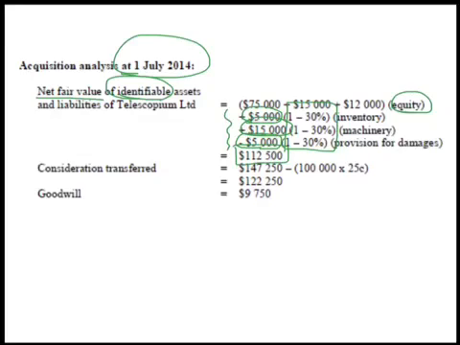We now have to see how much we paid for our share of the assets, which in this case is 100%. So we know that our investment in subsidiary has been valued at $147,250 in the financial records of the parent at the end of the financial year. However, between the acquisition date and the end of the financial year, a call was made for the balance still outstanding on the issued shares, 25 cents times 100,000 shares.